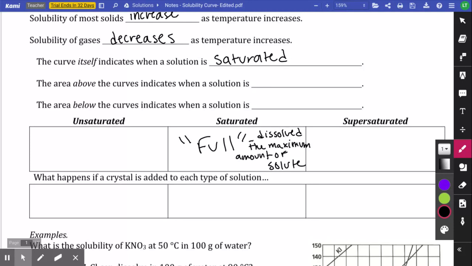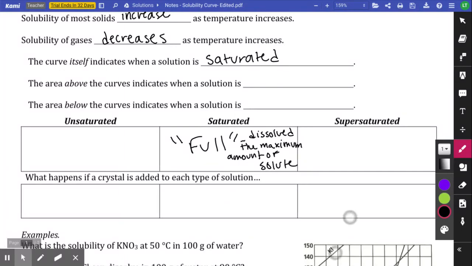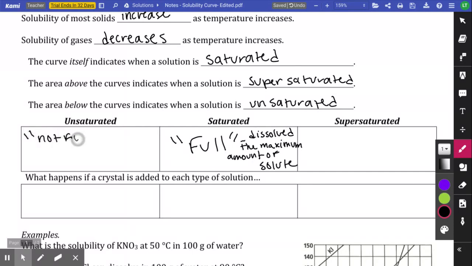Now we have two other types of solutions that we can make as well. If we're above the curve, we have made a supersaturated solution, and I'll tell you about that in just one second. Below the curve, we have made an unsaturated solution. In an unsaturated solution, it is not full.